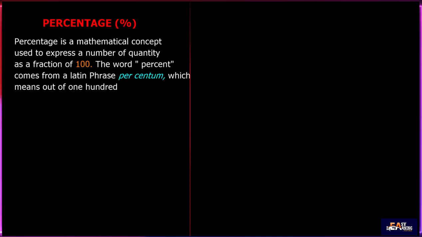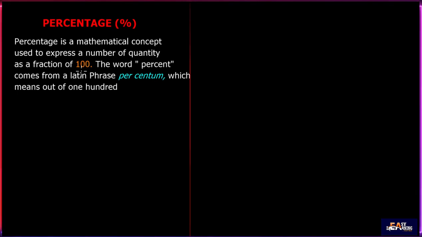Okay, so this is going to be a fresh class, a fresh topic, and we'll be considering the topic percentage. Percentage is a mathematical concept used to express a number or quantity as a fraction of 100.